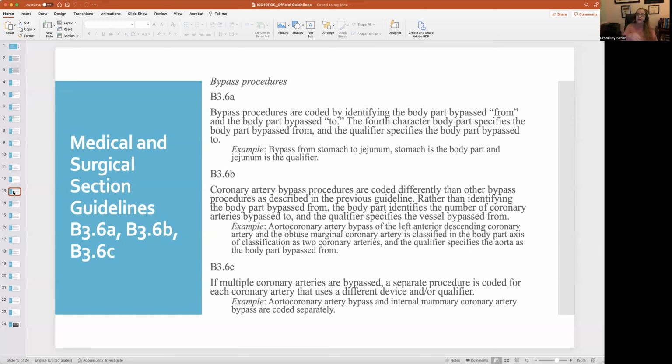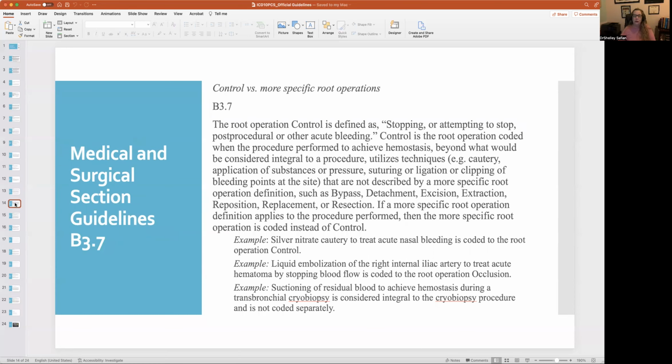They do bypasses from the stomach to the jejunum in surgery for those who are morbidly obese. So therefore, you now have guidance. It's as if I was right there with you all the time to tell you the answer. What's the difference between control and more specific root operations? That's important. And you have examples.